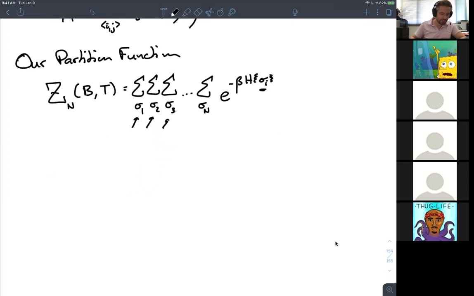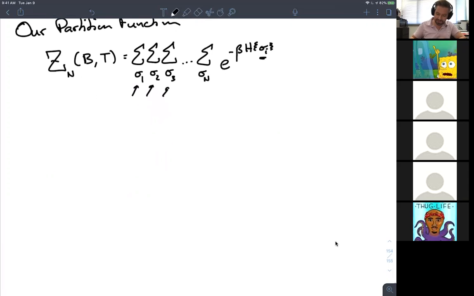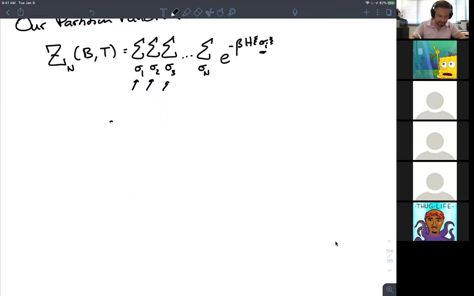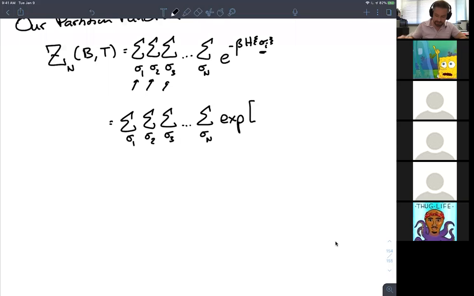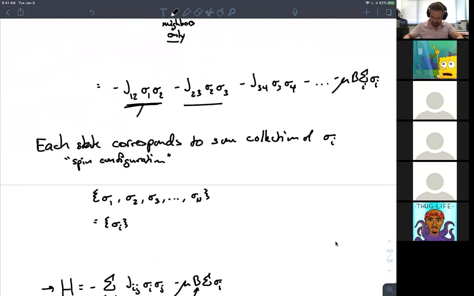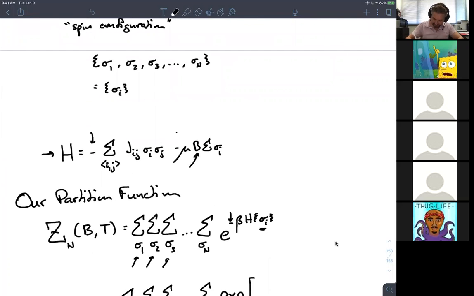Okay, now let me write it out super explicitly. Sum over all values of sigma 1, sum over all values of sigma 2, sum over all values of sigma 3, up to sum over all values of sigma n. And this is the exponential of, okay, now again, we got a minus sign here in the Boltzmann weight, and I got a minus sign here and here in my Hamiltonian.